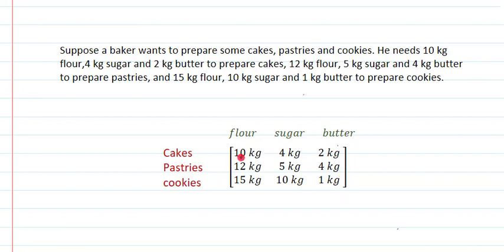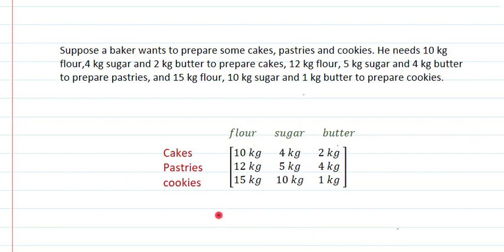It means we need 10 kg flour, 4 kg sugar and 2 kg butter to prepare cakes. 12 kg flour, 5 kg sugar and 4 kg butter to prepare pastries. 15 kg flour, 10 kg sugar, 1 kg butter to prepare cookies.